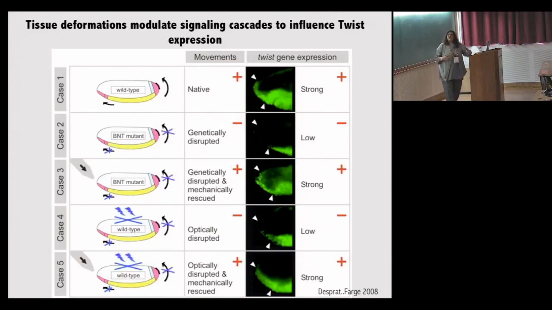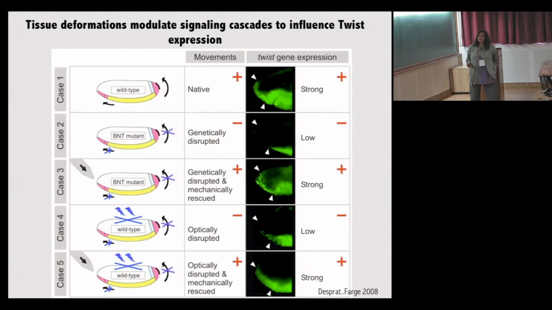We also saw that in addition to this gene regulatory network, which offers some kind of top-down control, there was also experimental evidence that suggested that you could modulate this process mechanically.